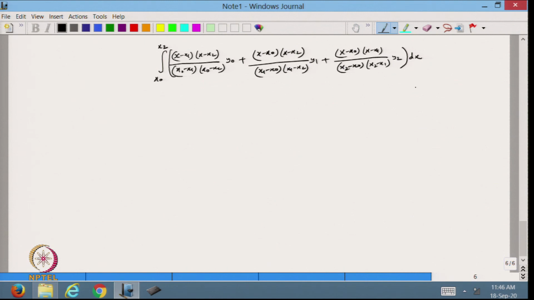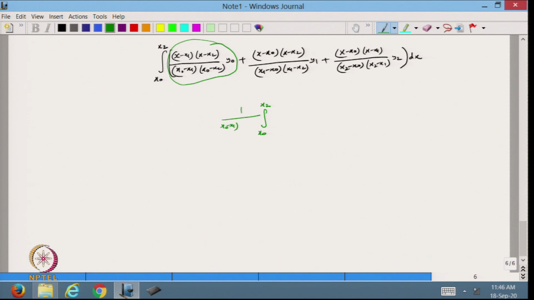So, the first integration I want to solve. Let us solve this part first. Now I want to find this integral from x0 to x2, and this part I can take outside because this is a constant value.